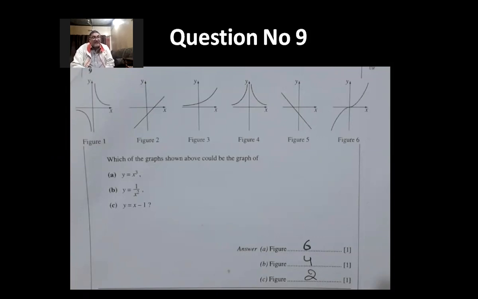For negative numbers, y will be positive, and for positive numbers, the graph will be positive. So I think figure number 4 is the right answer, and here we write figure number 4.